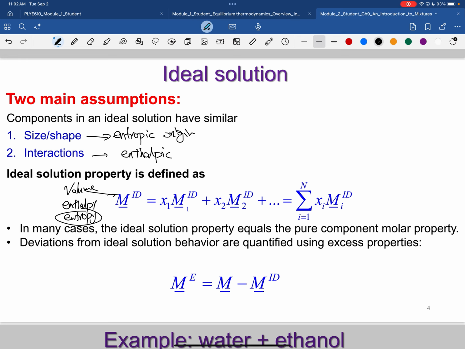So I'm going to write them as x1, which is the mole fraction of component 1 in my mixture, times M1 ideal. Basically, this M1 ideal for this case is just your molar property.